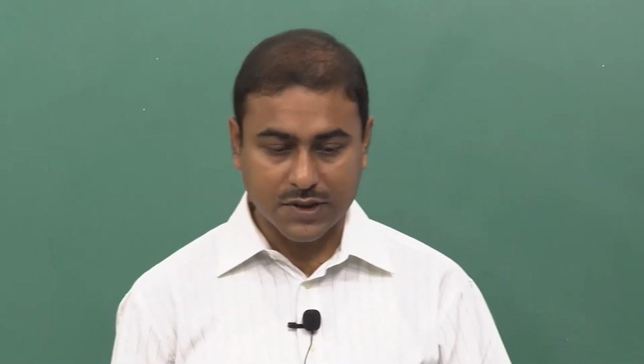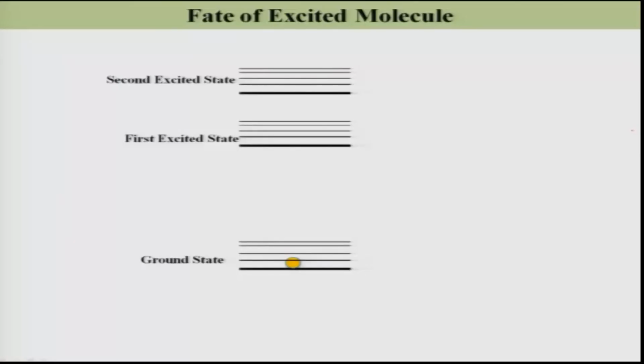Okay. So, now let us move to this topic, the fate of the excited molecule. Till now what we have seen is that we are exciting the molecule from one state to the other by absorption of radiation, and that gives me the absorption spectra.